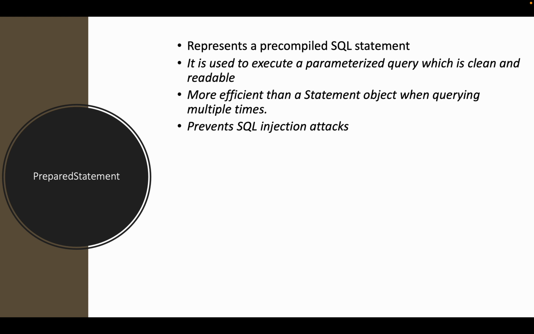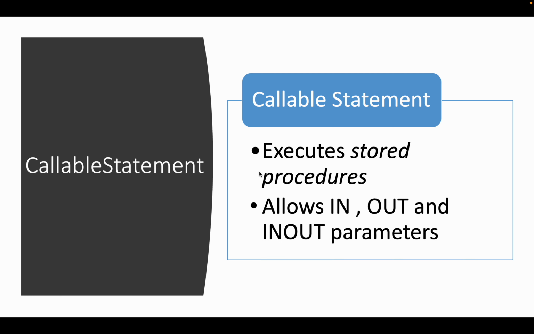Then we can use PreparedStatement to avoid SQL injection attacks, as we will see in the code demonstration. Then we have CallableStatement. This one is used for executing stored procedures. When you're executing stored procedures, we can have input parameters, output parameters, or a parameter that is both input and output.